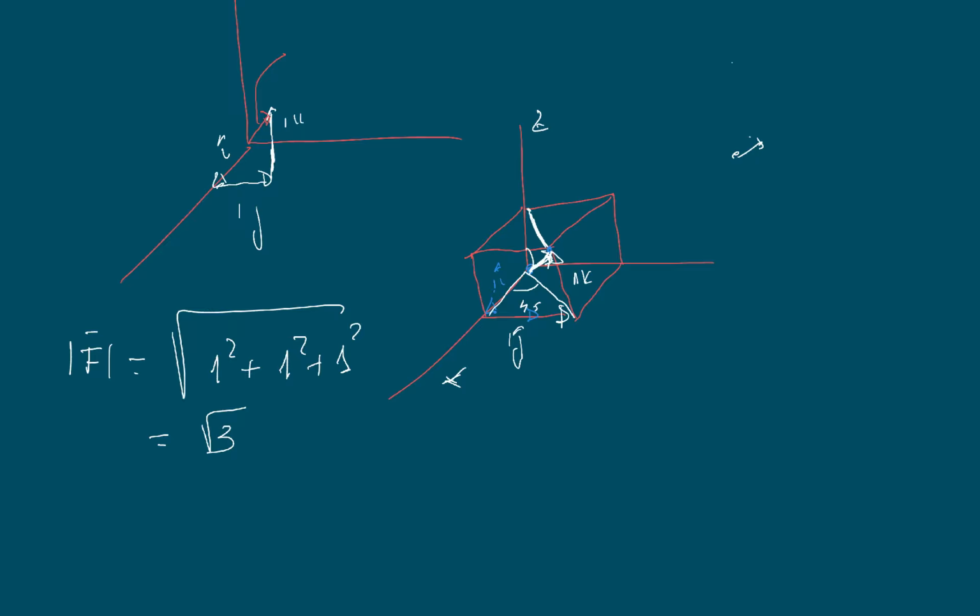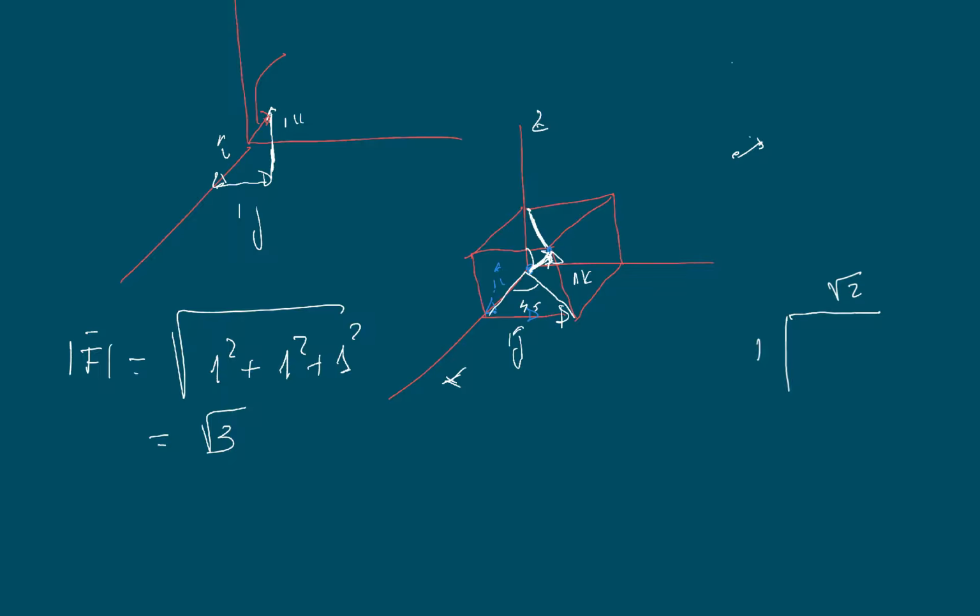So we can see this triangle here, with the square root of 3. This triangle has a side 1. It also has a side square root of 2, because this side is the square root of 1 squared plus 1 squared, so it is the square root of 2.